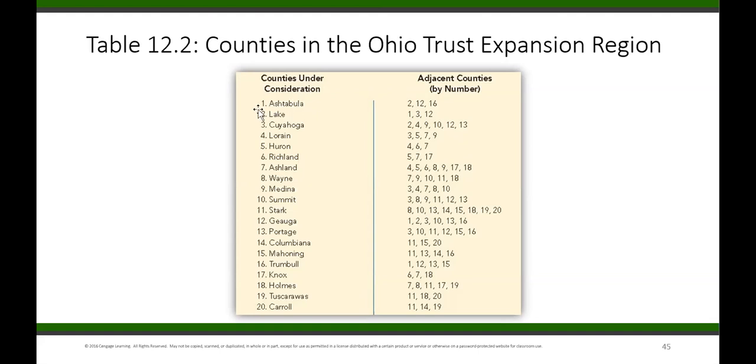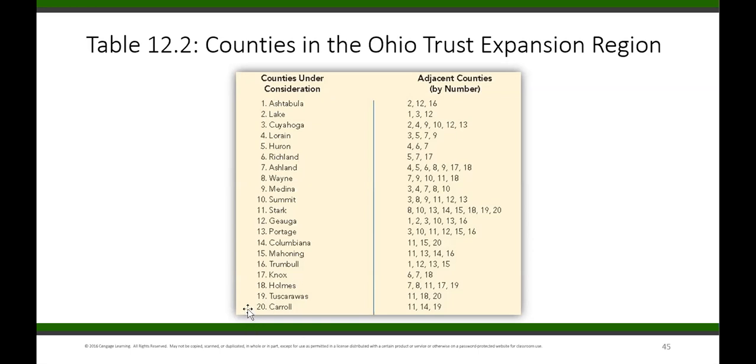For example, for county number 1, Ashtabula, itself is covered if you have a PPB there. But if you have a PPB at 2 or 12 or 16, these county numbers can also cover county number 1 because they are considered neighbors of county 1.